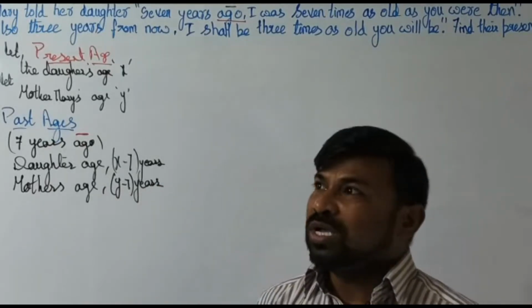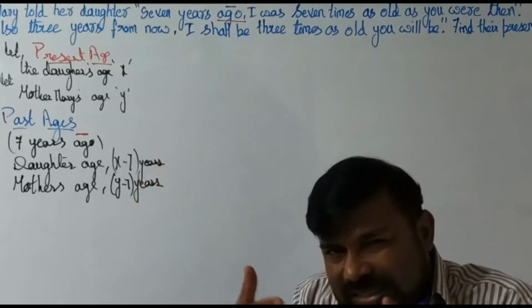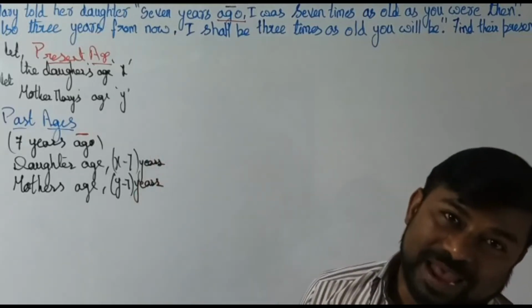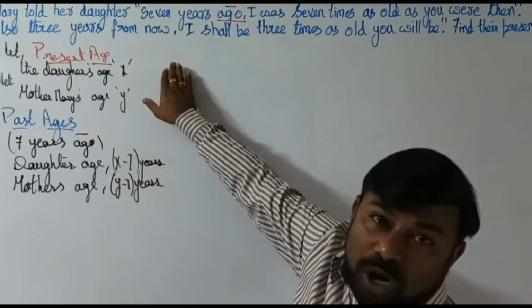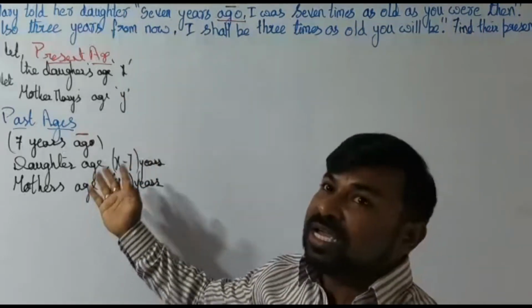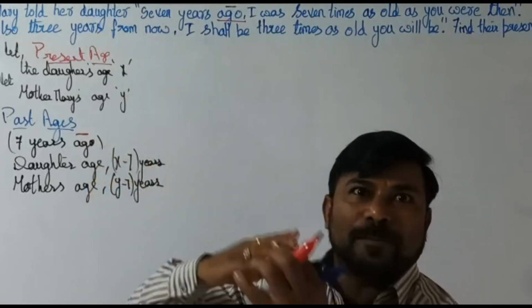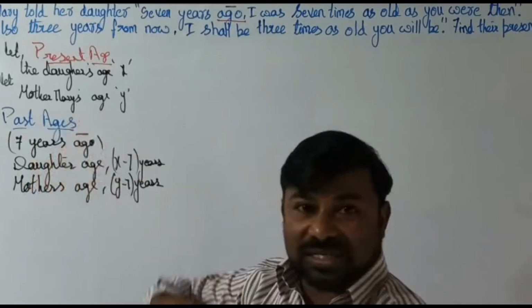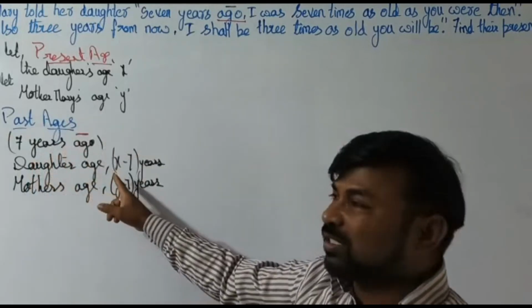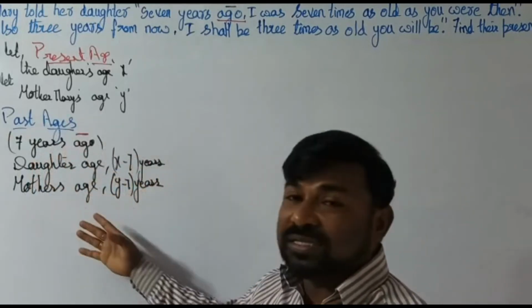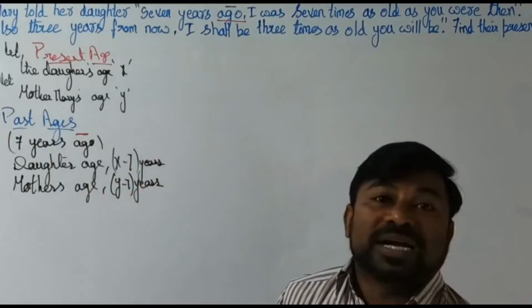Now, 7 years ago, what is the relation he has given between them? The present ages are what we are supposed to find, and he has given the first relation in the past, that is 7 years ago. So 7 years ago, the daughter's age is x minus 7, and the mother's age 7 years ago is y minus 7 years.